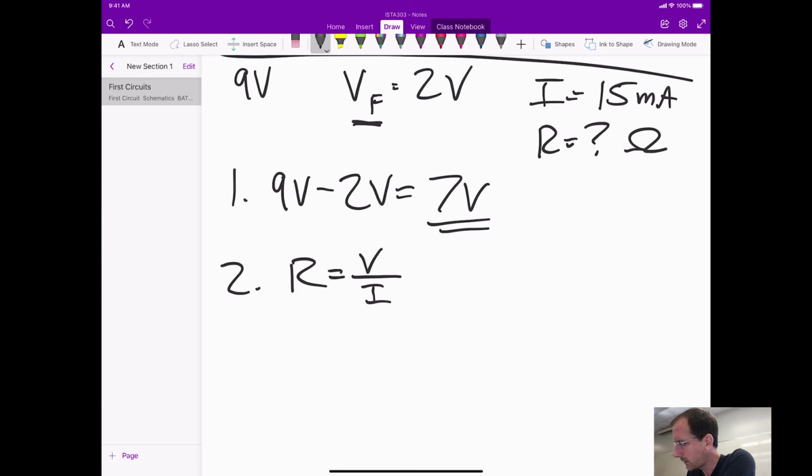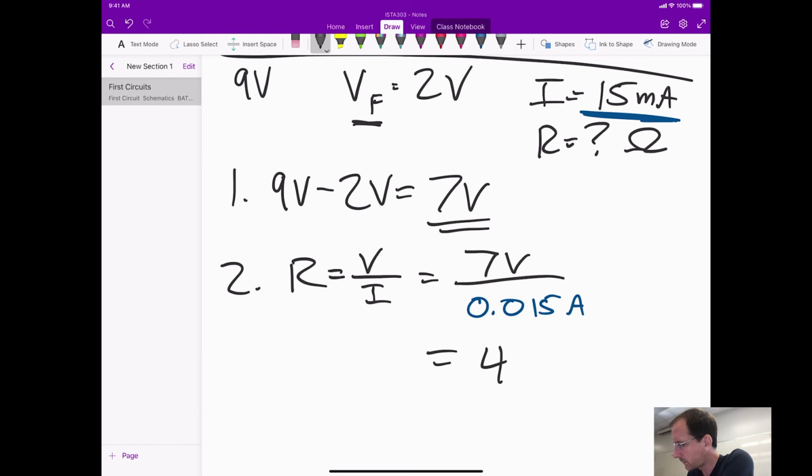In this case, the resistor is going to have to absorb 7 volts, and we want to set the current of the circuit to be 15 milliamps. And so 15 milliamps is 0.015 amps. If you calculate this out, you end up getting a value of 466 ohms.